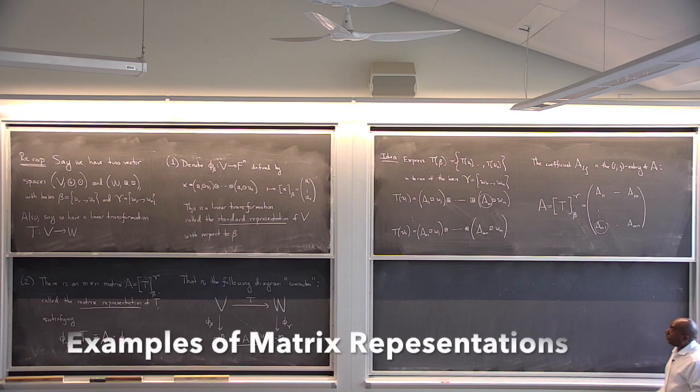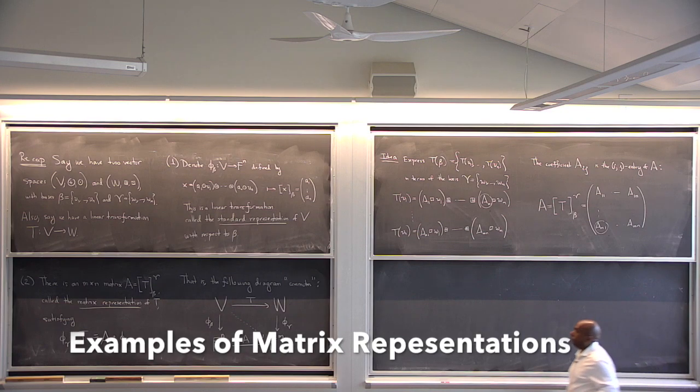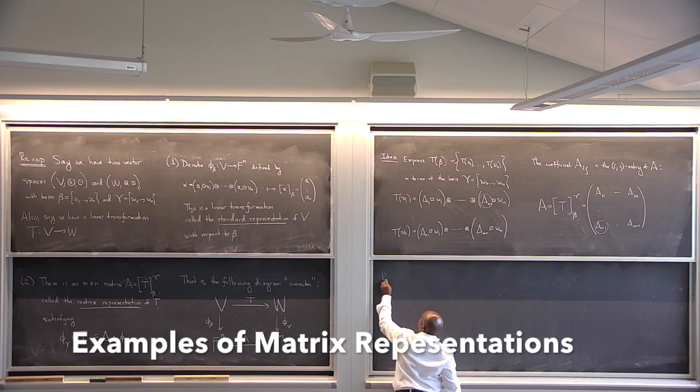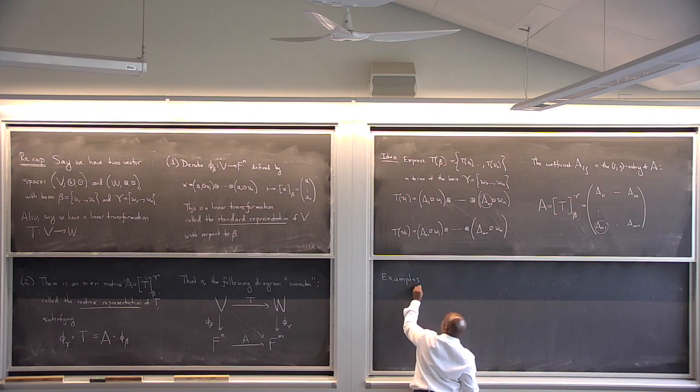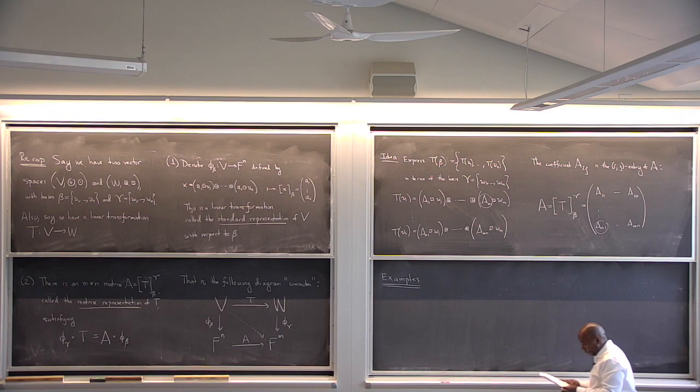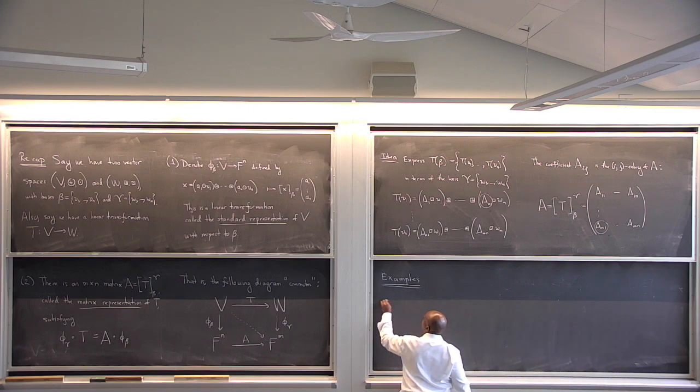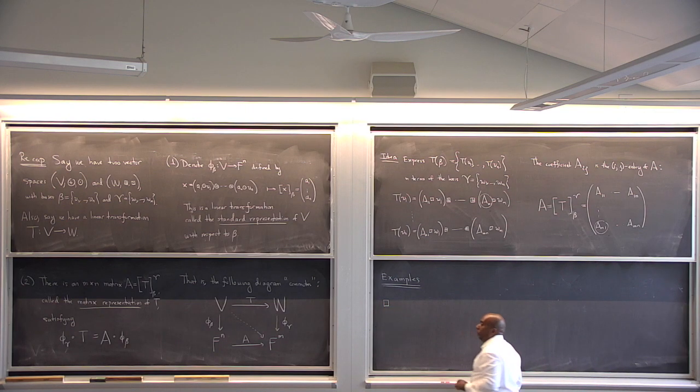So what I'd like to do is present some examples here. Let's start with a very simple example, and then we'll try to move up to a slightly more complicated one.